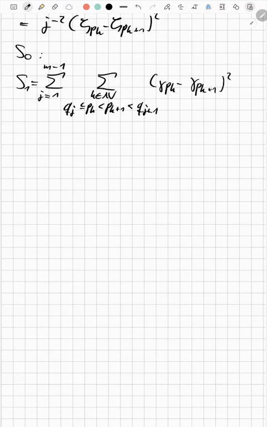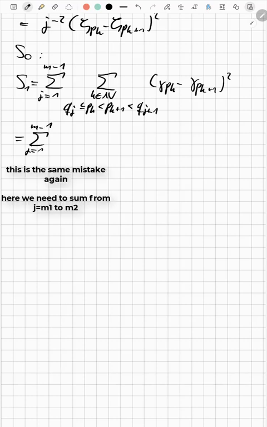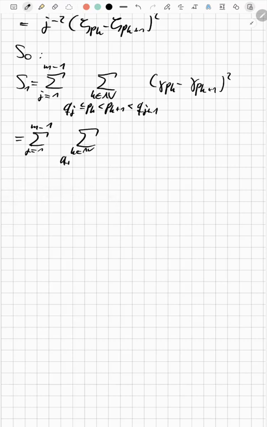Now, this is the same as what we found out: the sum j going from 1 to m minus 1 of the sum of these indices right here of j to the power of negative 2 times zeta pk minus zeta pk plus 1 squared.